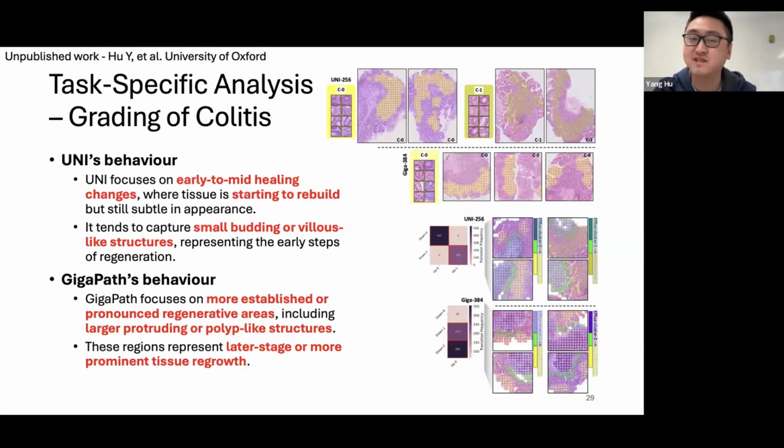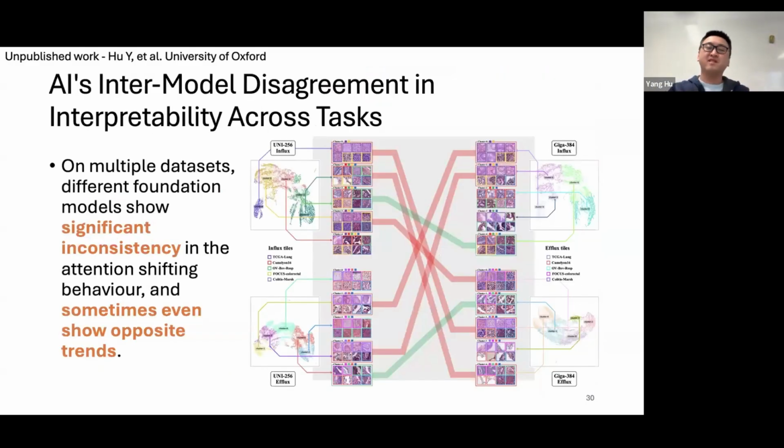A more interesting thing is that even when we combine all the different datasets and cluster the attention move-in and move-out tiles, we find that different foundation models show even some offset traits when they assign the attention move-in and move-out clusters to each other.